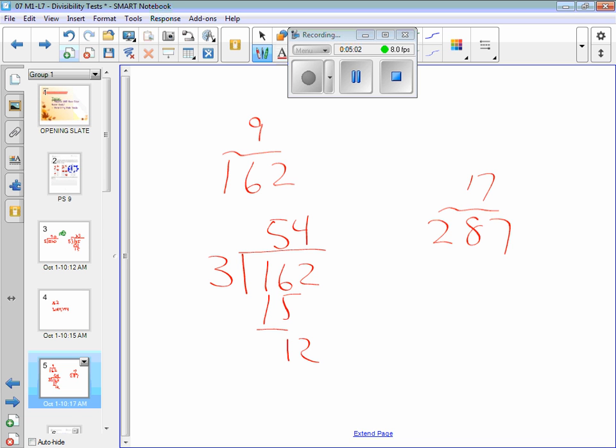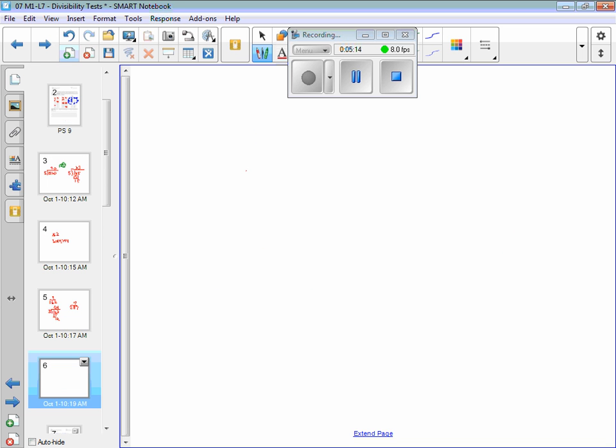The rule for 4 is sometimes helpful, and sometimes it's not so helpful. Sal, do you know the rule for 4? 624 is divisible by 4. I know why. Any guesses?